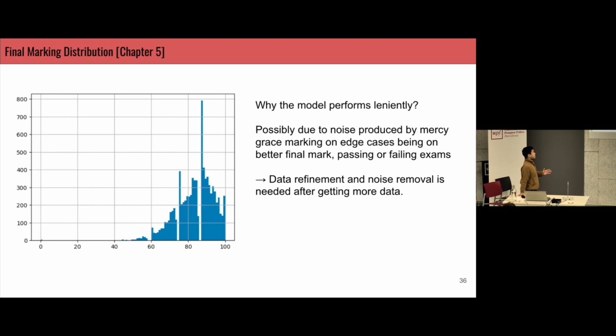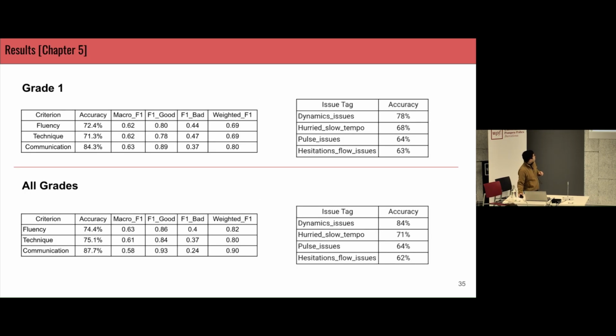So the examiners' tendency to give mercy points or grace markings to student performance can be introduced as noise in the data set. Looking at this, F1 is performing best in communication, but worst for the bad performances, meaning that for detecting communication markings, this model is most lenient.